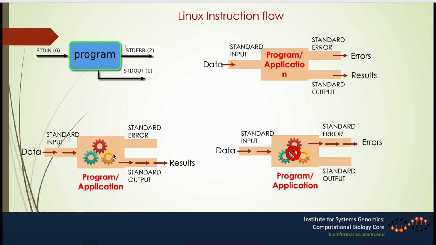However, if at any time your command encounters an error, this error could be in your script, or it could be the data because the data is not formatted properly. Because of that, the application encounters an error. Then, rather than outputting the error through standard output, it starts using the standard error channel.